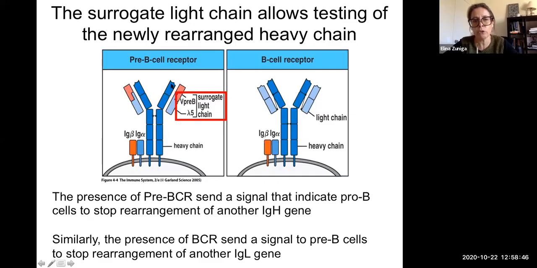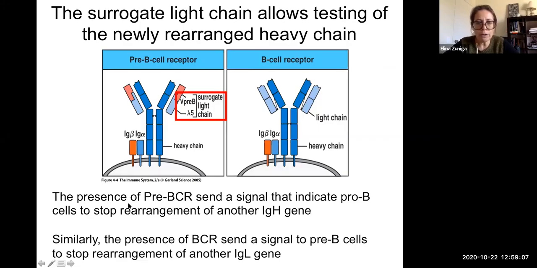And again, the combination of the heavy chain of the immunoglobulin, so two identical heavy chains and two identical surrogate light chains, form the pre-BCR that allows for the first checkpoint.